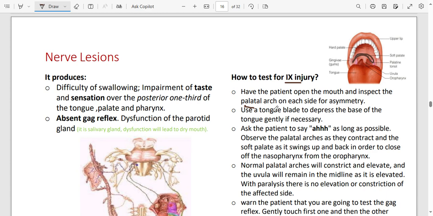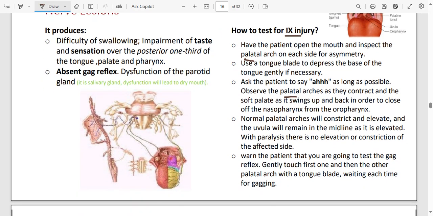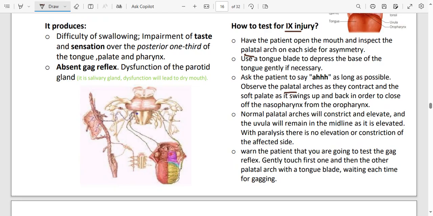You are going to ask the patient to say ah as long as possible, and then you observe the palatal arch as they contract, and the soft palate is going to swing up and back in order to close off the nasopharynx from the oropharynx. So the normal arch will constrict and elevate, and the uvula will remain in the midline as it is elevated. With paralysis, there is no elevation or constriction of the affected side.